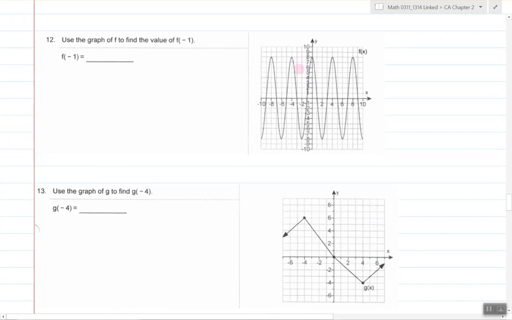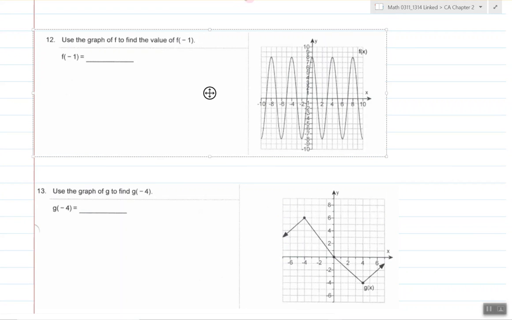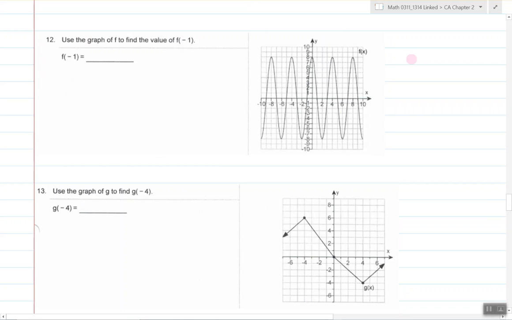All right, let's work a little bit more with function notation. What's important is that you, let me go to black ink. You remember that a point is x comma y, but in function notation it is x comma f of x. You have to remember that f of x is just another name for y.